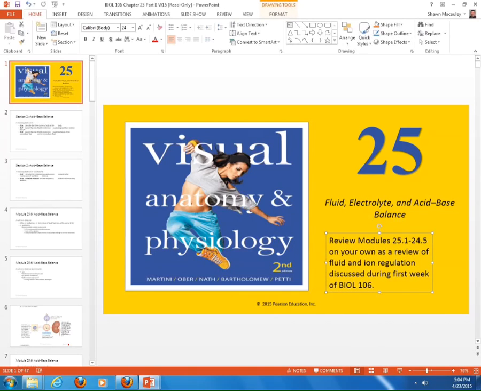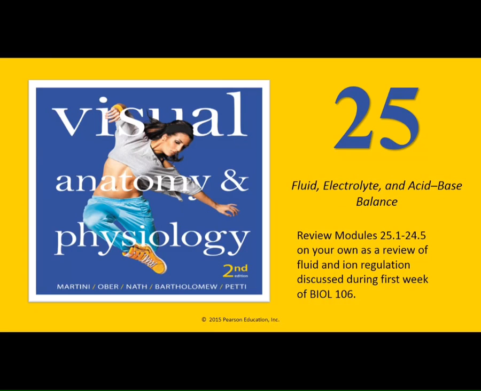Now, Chapter 25 is where we started our semester together. And back in the first sections of Chapter 25 is where we talked about fluid in the body, right? Urination, how the osmoreceptors in the hypothalamus picked up the amount of solute that's in your CSF and in your blood, and how ADH was involved with regulating your fluid levels.